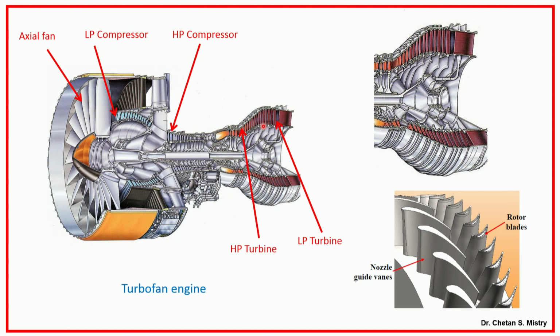And the more the number of stages of your turbine, the higher the efficiency. That's what we define in thermodynamics as polytropic efficiency and isentropic efficiency. So the more the number of stages, the more the efficiency, and that efficiency will be in the range of 90 to 92%.